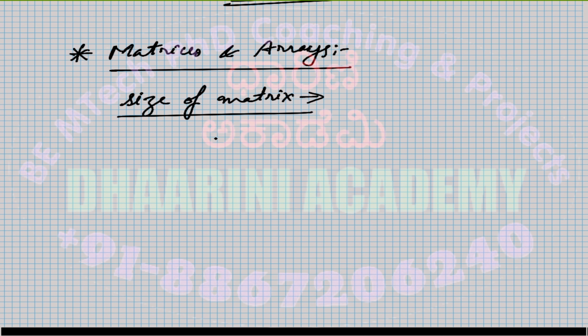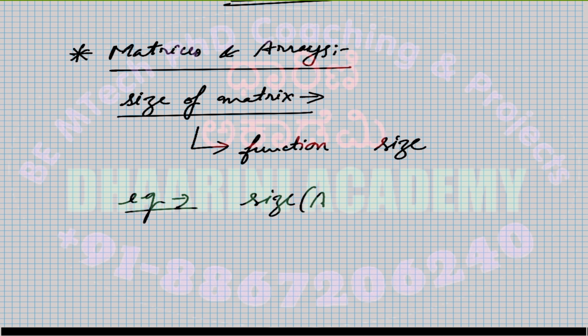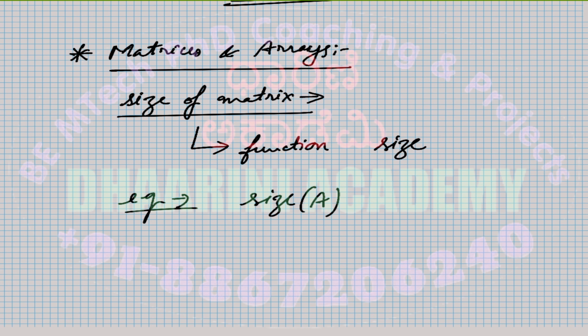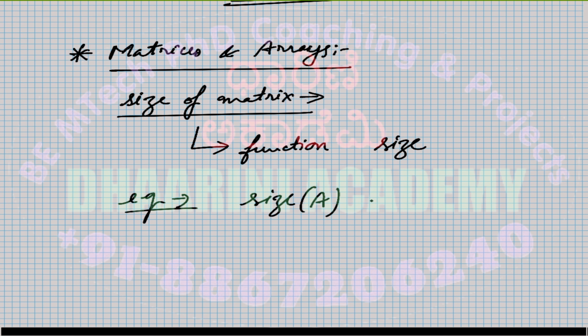Let's assume that we create a matrix and we want to find out its size. We use a function called size. For example, there is a matrix A and you want to find its size, you say size of A. It's going to give you the details of that particular matrix.